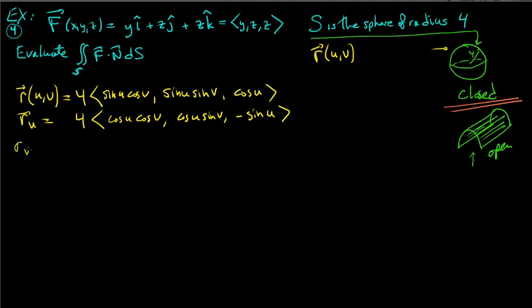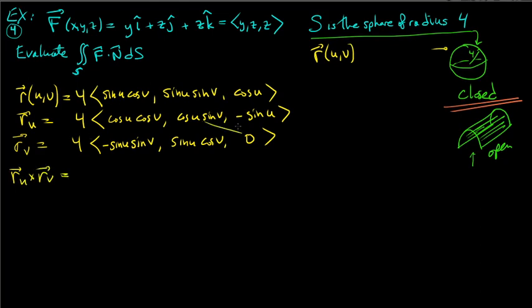And then the v partial of r is going to be 4 times negative sine u sine v, sine u cosine v, and 0. And then we might need the cross product. We did that several times already. When you do the cross product, don't forget you're multiplying 4 times 4, so you get 16 here.